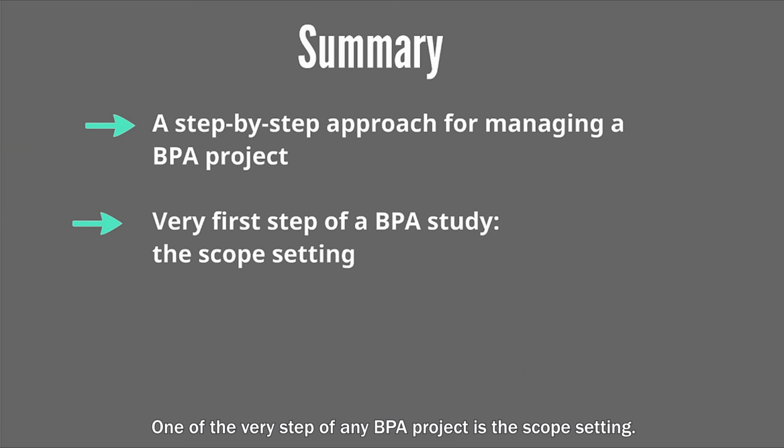One of the very first steps of any BPA project is scope setting. And we emphasize that some justifications on the selected scope of the business process analysis study must be articulated, proposed, and agreed by the project sponsor.